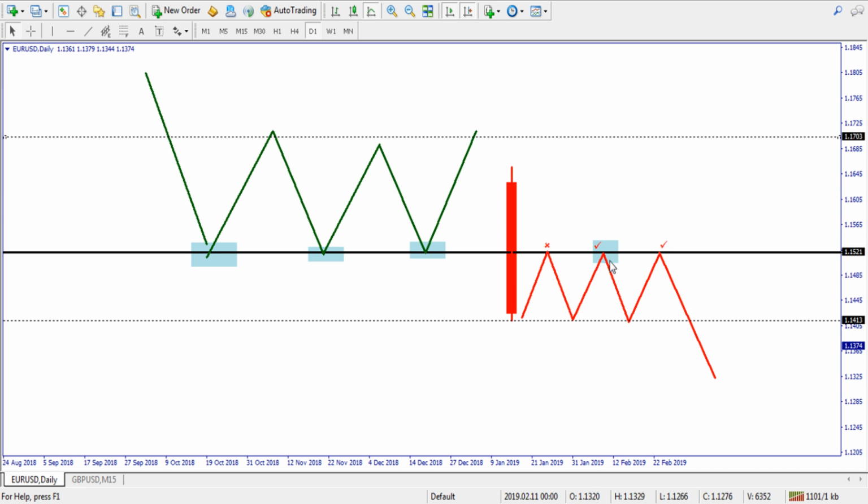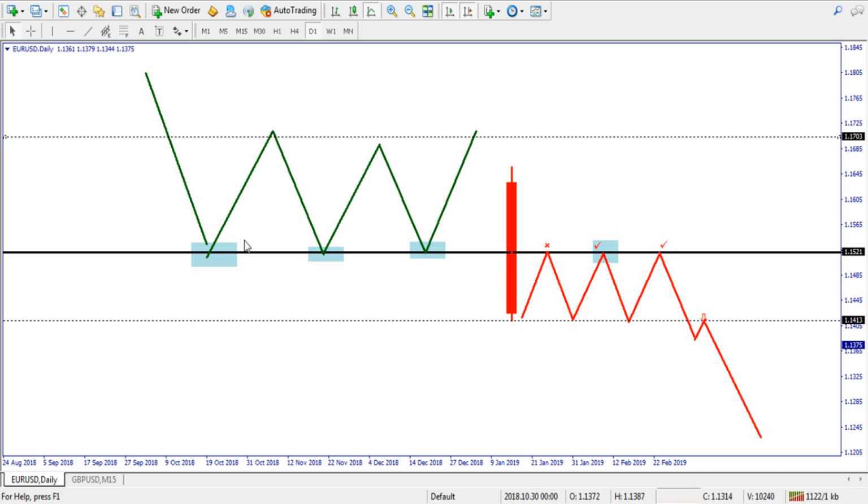No, actually the break below this point should be a confirmation that we are still heading to the lower side. So you're likely to see the price, after breaking below, retrace back up slightly, then make a steep move even further to the lower side. Something like this is likely.